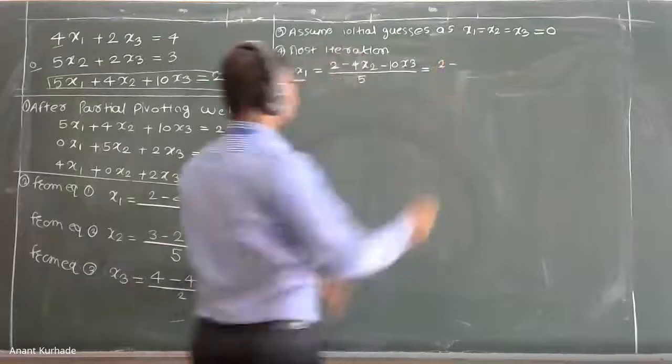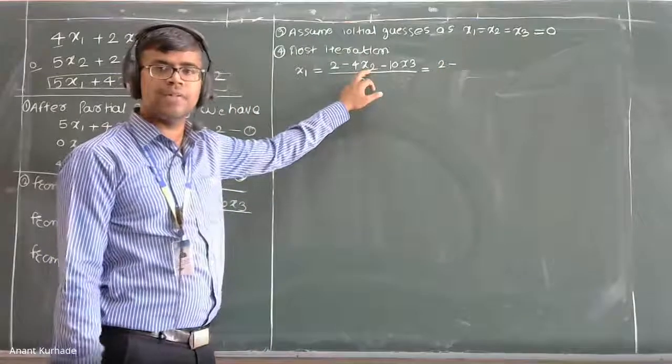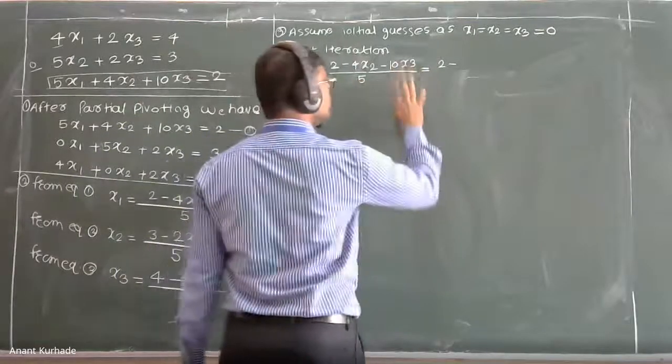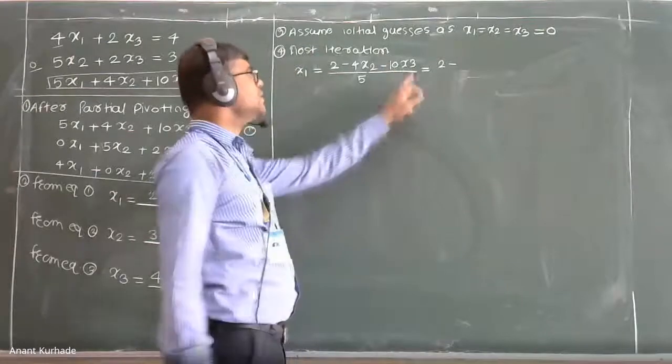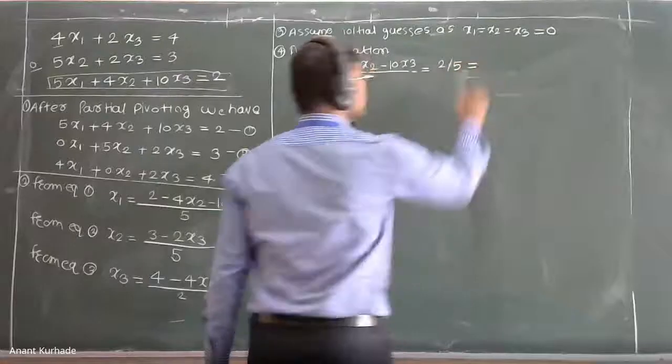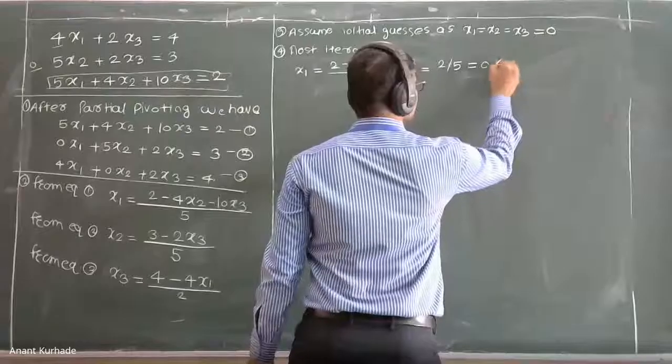What is the value of x2? 0. So 2 minus 4 into 0, minus 10 into x3, what is x3? 0. Divided by 5. So its answer is 0.4.